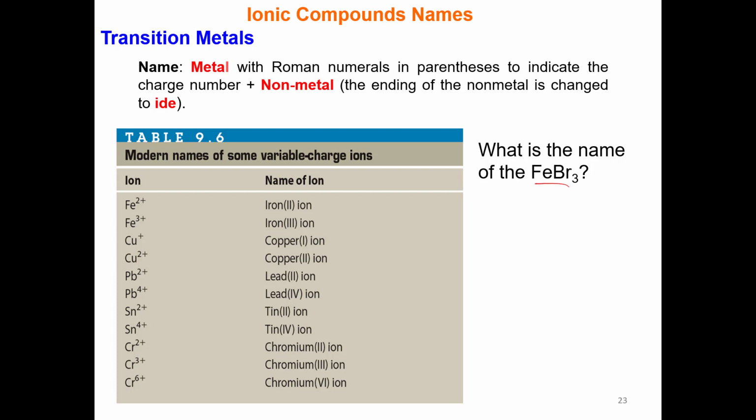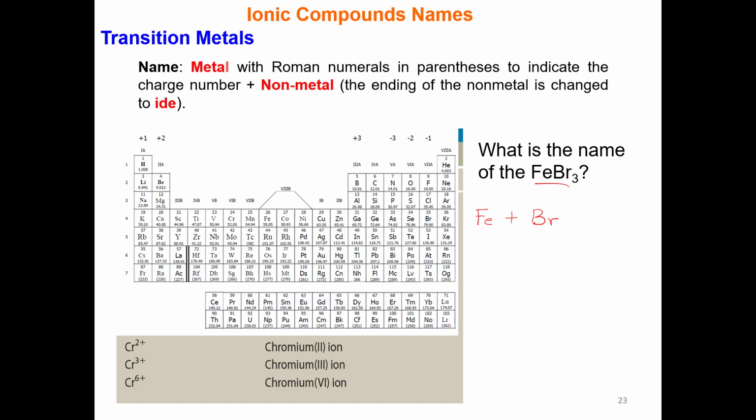And let's write just the equation. Then we had iron plus, let's see, yes. Here we had the iron and we had the bromine. Yes, bromine is 35.